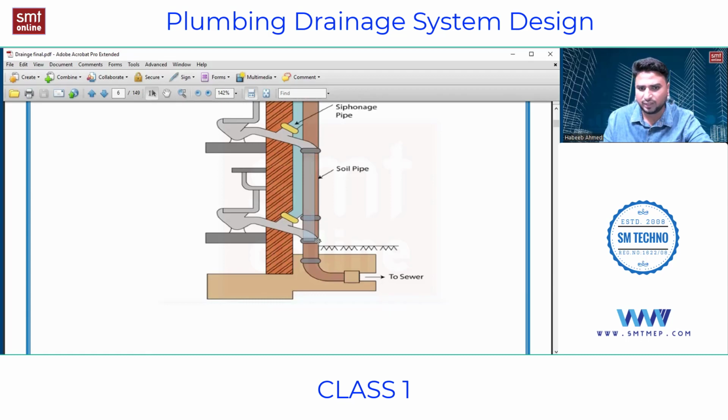And we know that as it comes down, it picks up more and more gravity pressure. So when it is coming down, it has more pressure.